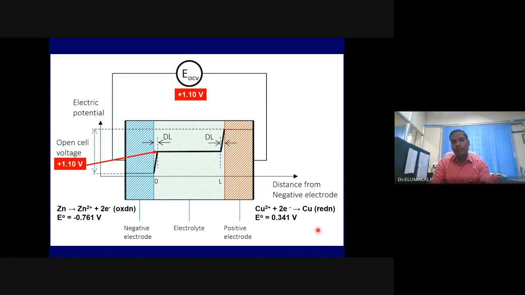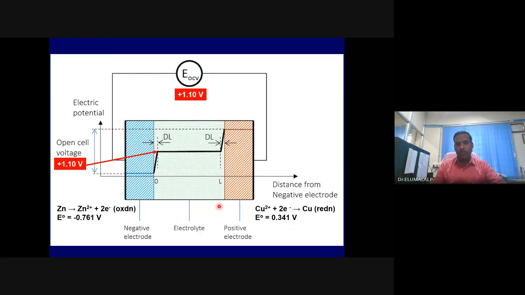The standard reduction potential of zinc 2 plus to zinc is minus 0.761 volt, or its opposite, the standard oxidation potential, is plus 0.761 volt. Then the standard reduction potential of copper 2 plus to copper is 0.341 volt.